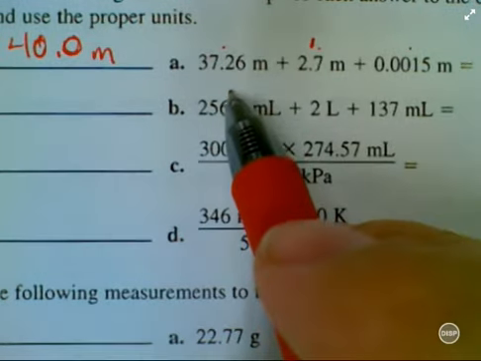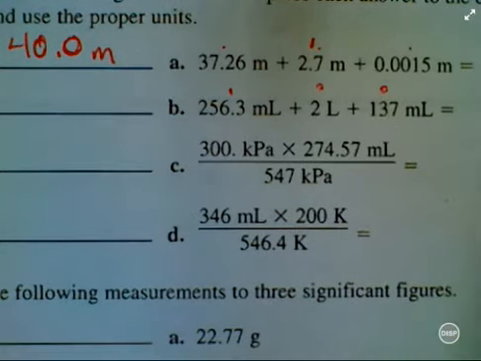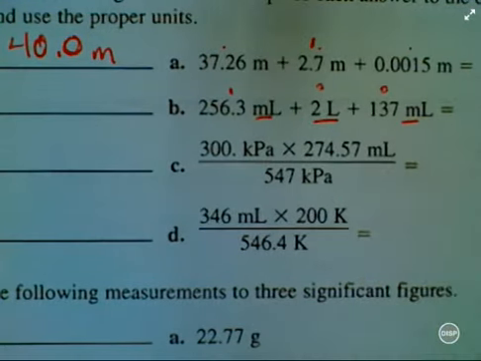Down here, we're doing the exact same thing, considering how many digits past the decimal. I have 1 digit past the decimal, but here I have 0 and 0. So in my answer, I need to have 0 digits past the decimal. But that's not the only thing I have to deal with here. I have to deal with conflicting units. I have milliliters and liters. It's going to be easy enough to convert from one of these to the other, because they both have the base unit liter.